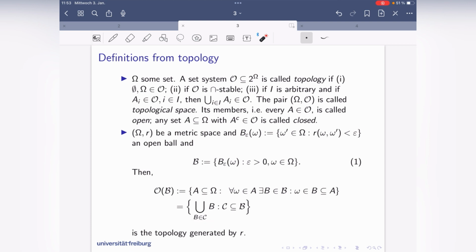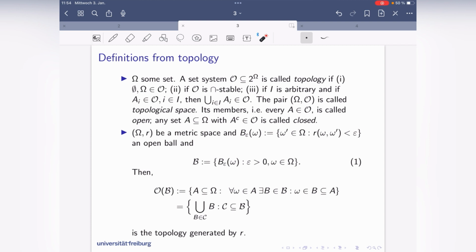So I take any subset of the set system, so any set of balls that I like, and I make a union of them. Then I have an arbitrary open set, because open sets are stable under arbitrary unions here. And then I have the topology generated by the metric.